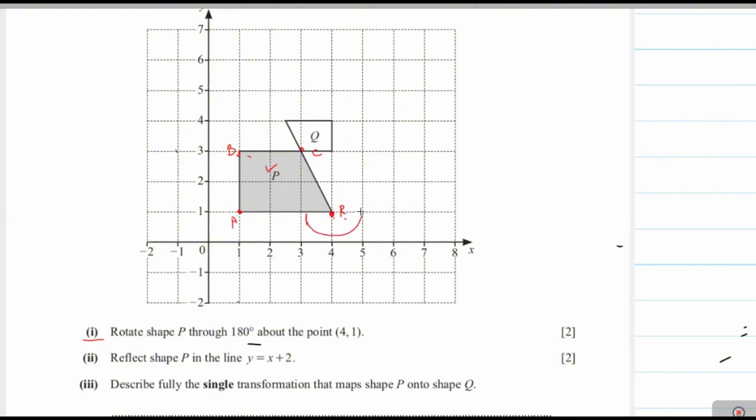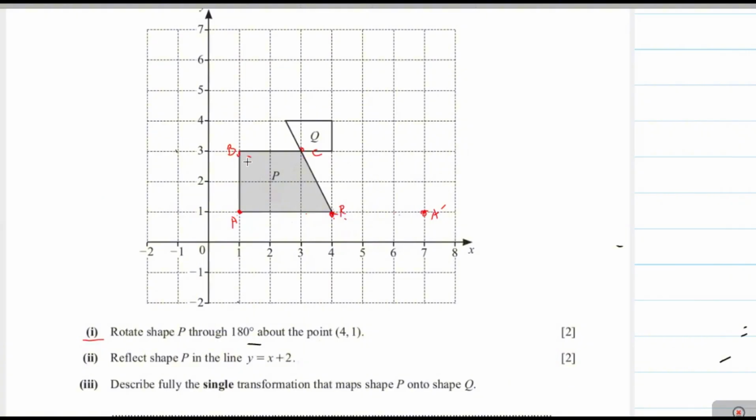This will be the 180-degree rotation, and this will be the position of the image point of point A. We name it A dash because when we rotate AR, the distance from R to A is 3 units. Therefore, when we rotate 180, this distance will also be 3 units, 1, 2, and 3. This is the position of the image point of A.